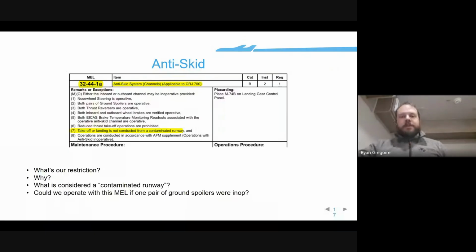Greater than 25%, greater than 1/8 inch. That is a definition you should know, the definition of a contaminated runway.